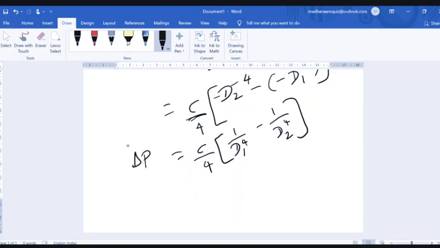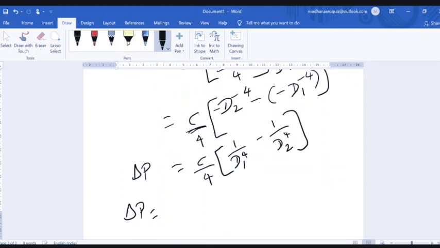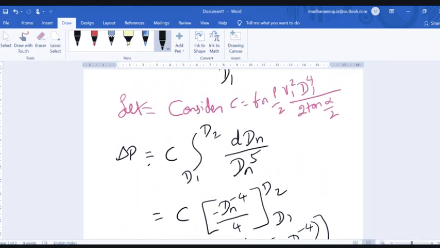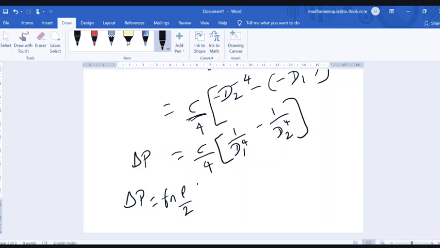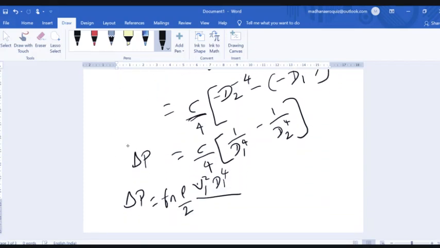Right, now you substitute the value of C. So what is your C? Now you know that it is Fn rho by 2, and then V1 square d1 power 4 divided by 2 tan alpha by 2, and then we have 4, multiplied by the remaining term, 1 by d1 power 4 minus 1 by d2 power 4.